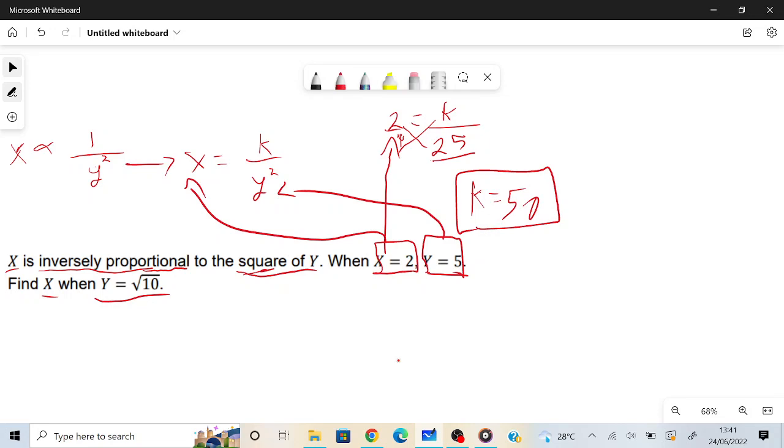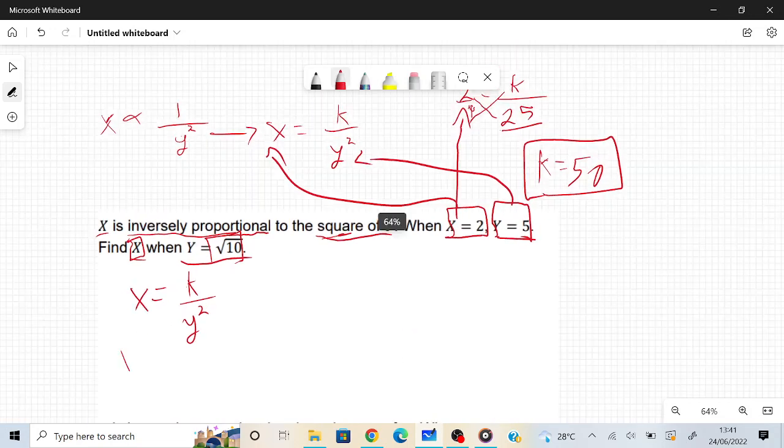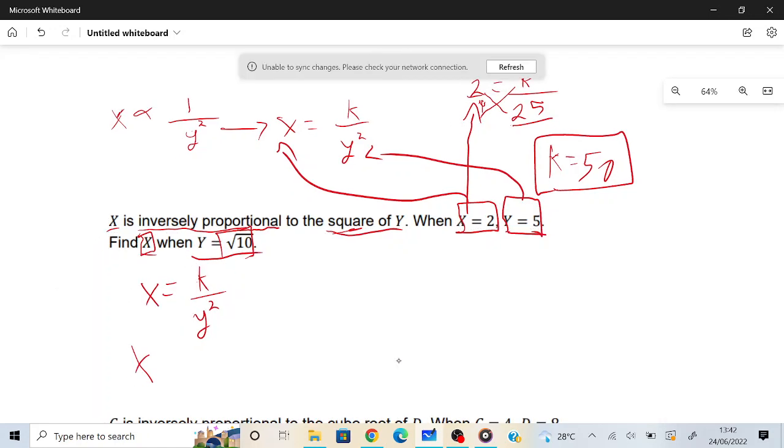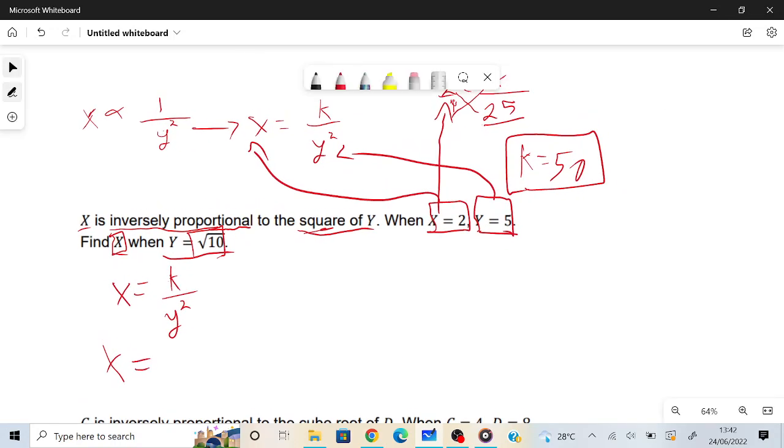Now that you have your k value, it says find x when y is root 10. So forming our equation once again, that's x equals k over y squared, and substitute our values. x is equal to our k, which is 50 over root 10 squared.